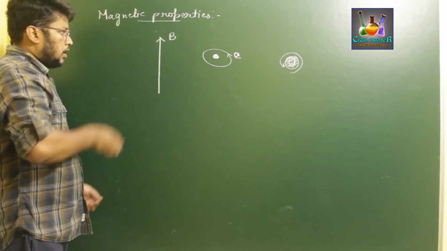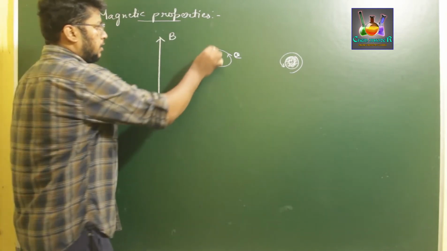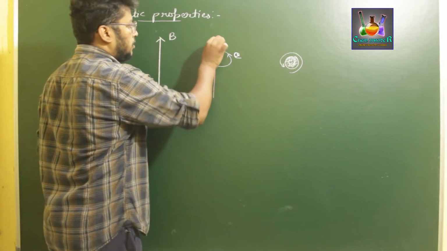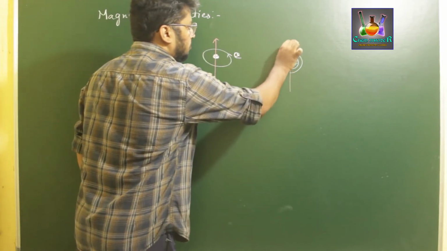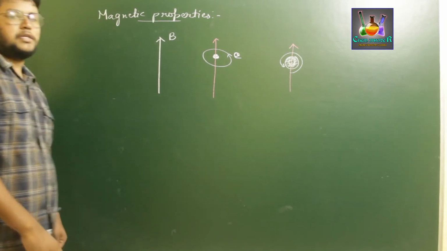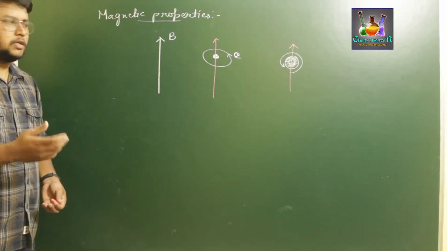If we apply a magnetic field in this direction, we observe two magnetic moments experienced by the electrons present in a given atom.